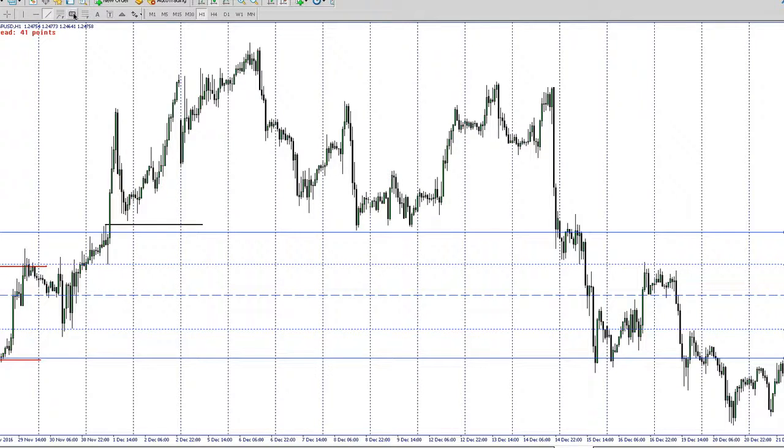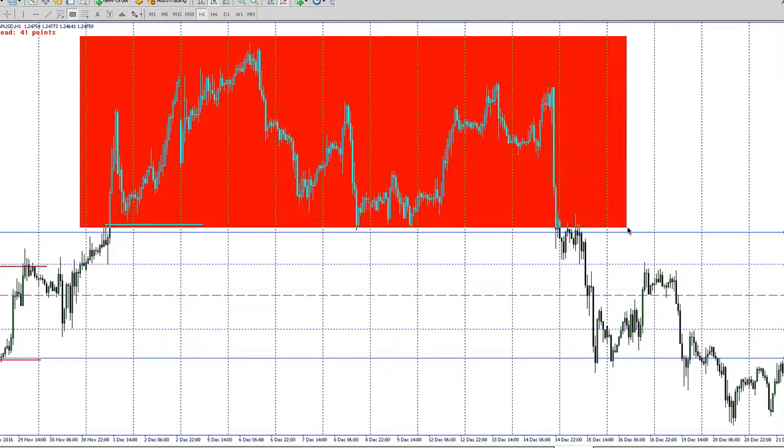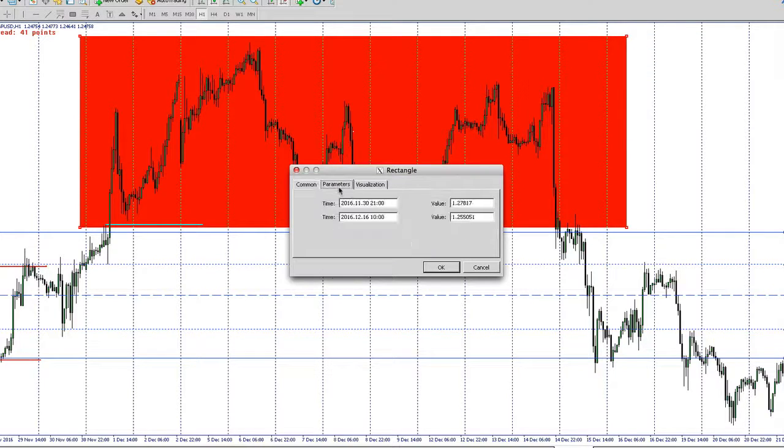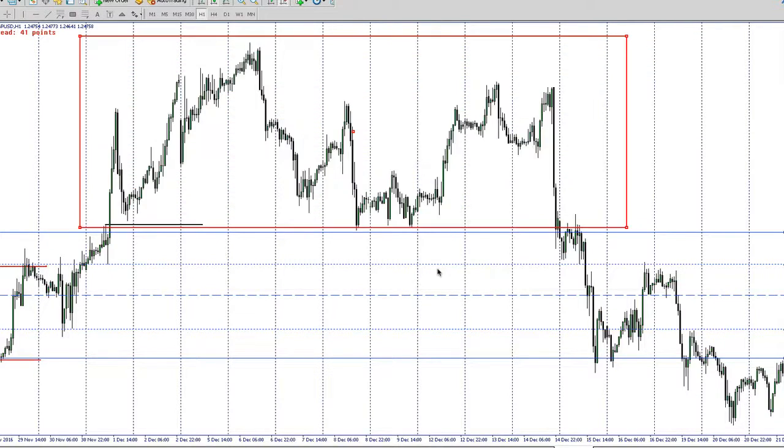So we're in a range here. Let me just draw it real quick. That's a range, that red box. And then we can draw these mitigations just in case they go up, but it comes down.